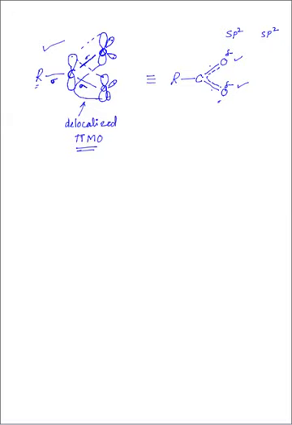We'll see now the acidity of carboxylic acids. Carboxylic acids are acidic in nature. They are weak acids, hence they ionize partially in solution, as RCOOH plus H2O.